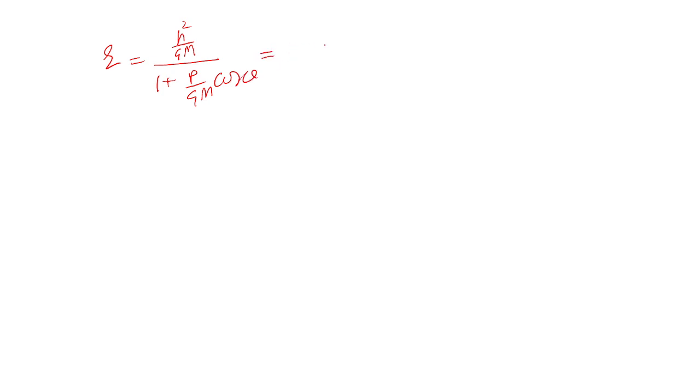So this is equal to A over 1 plus epsilon cos theta. A is equal to h square over GM and epsilon is P over GM. So this should be an ellipse because the planet moves in an elliptic orbit.